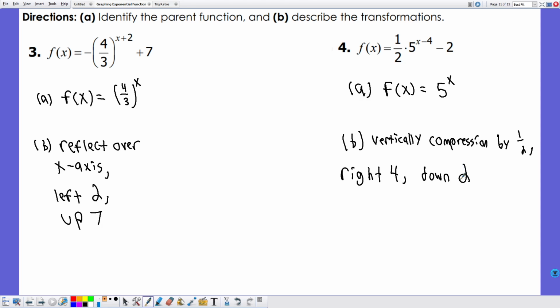So this is just us identifying how these functions will be transformed. In the next couple problems, we'll actually be graphing some of these transformations. So stay tuned for that.